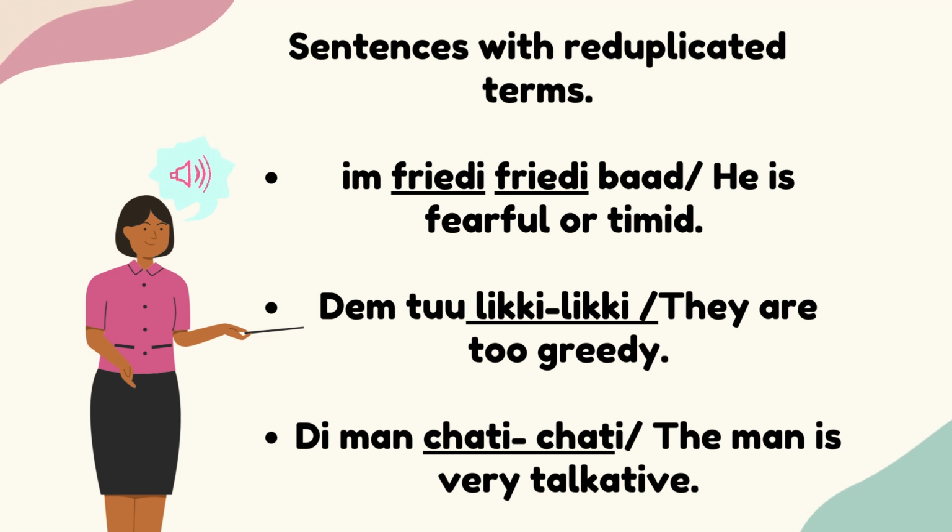Translation for that would be he's fearful or timid. Another sentence that we have is "Them too licky-licky," would translate to they are too greedy. Another sentence, "The man chatty-chatty," which translates to the man is very talkative.